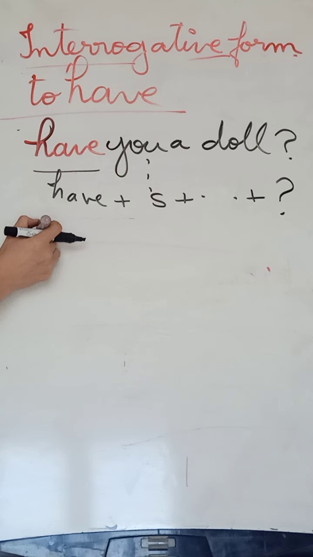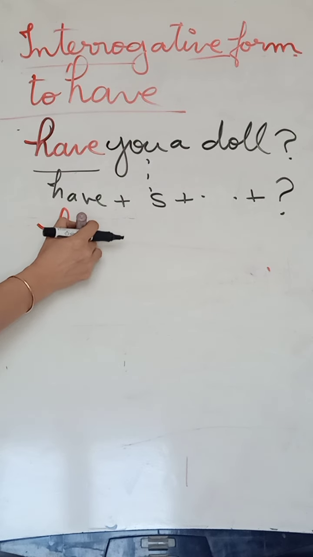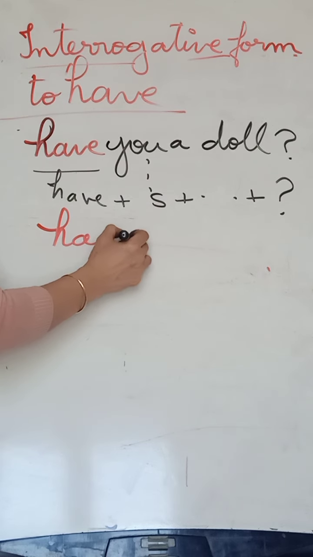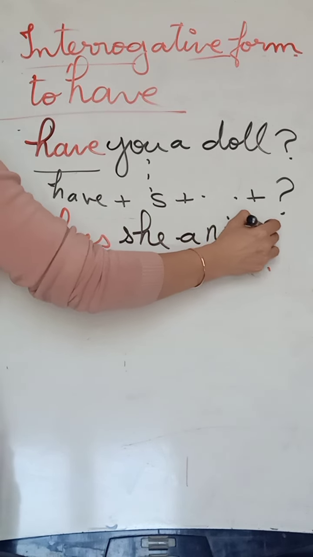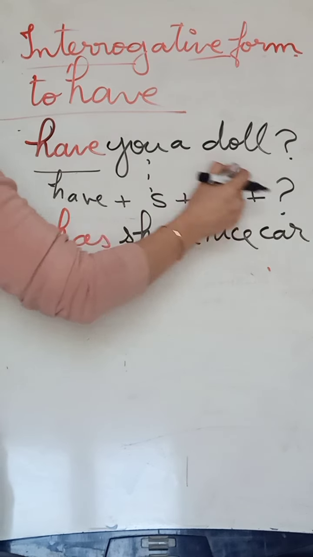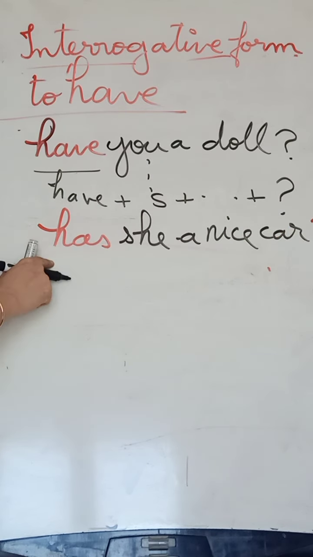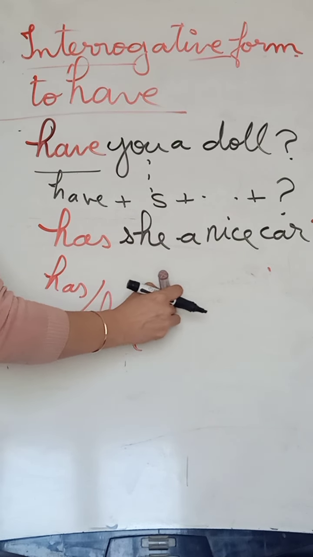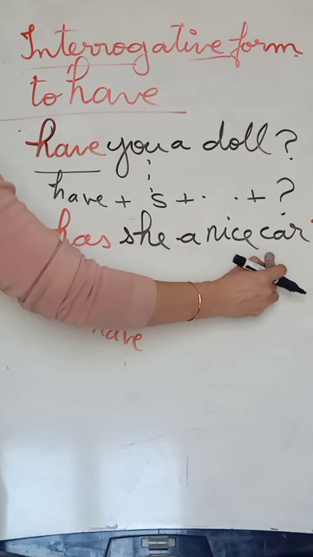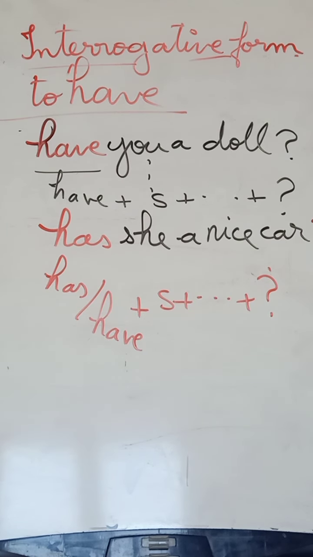For example, she has a nice car? Has she a nice car? Question mark. The same thing. Has or have plus subject plus the rest of the sentence plus question mark.